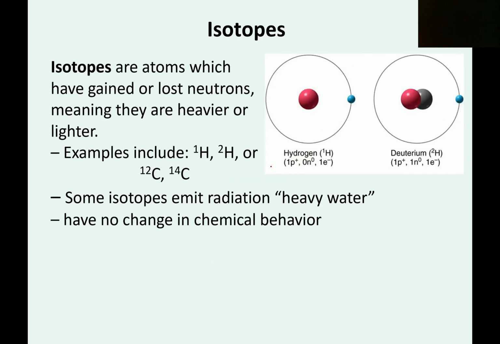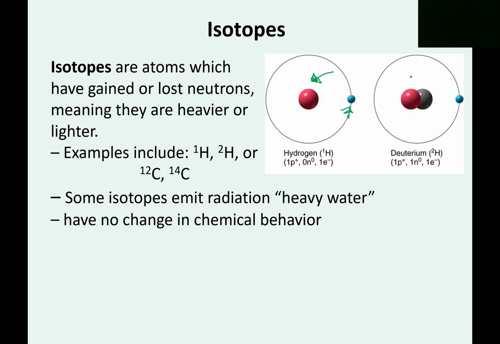Isotopes are atoms that have lost or gained neutrons, so they have a different mass. Here we have hydrogen as it's typically found with 1 proton and 1 electron.